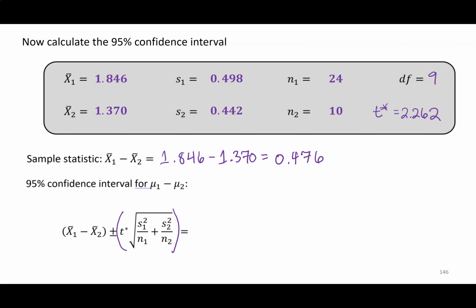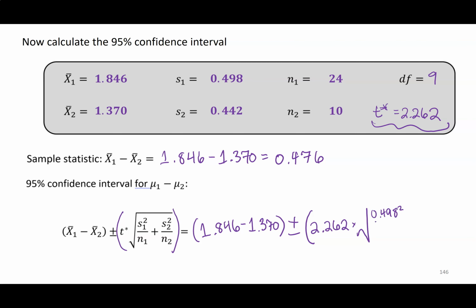My setup here, I can write that as 1.846, which we just calculated, minus 1.370, plus or minus the T star that I just grabbed from that last slide, 2.262, times the square root of, in parentheses, 0.498 squared divided by 24 plus 0.442 squared divided by 10.